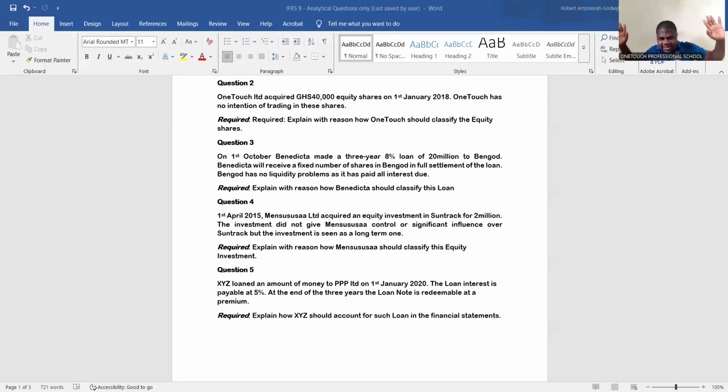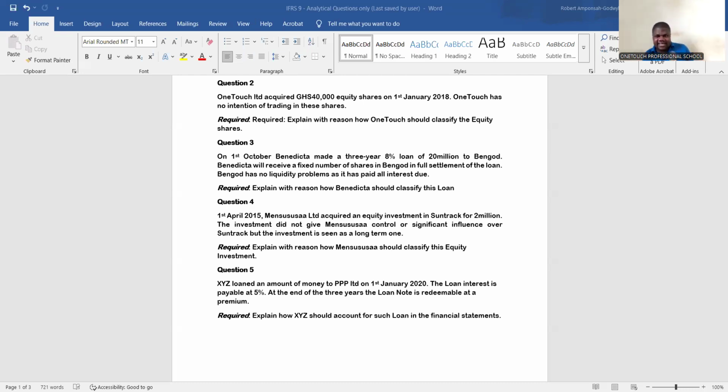Once you have shares, the first statement you make is that if it is held for trading, there is only fair value through P&L. So the first statement is that once it's equity shares and it has no principal and interest payments, then the entity should normally classify it at fair value through profit or loss.